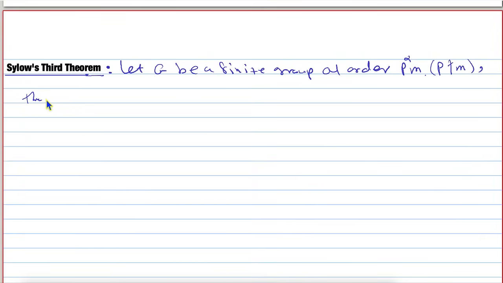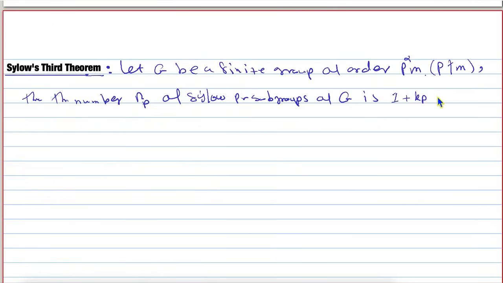Then the number n sub p, okay? This is the total number of all Sylow p subgroups of G, is the number 1 plus kp, where k is some non-negative integer.